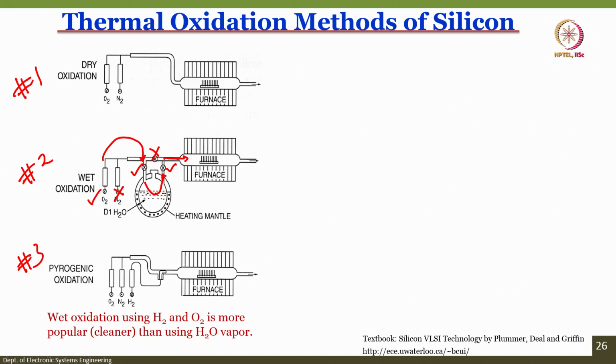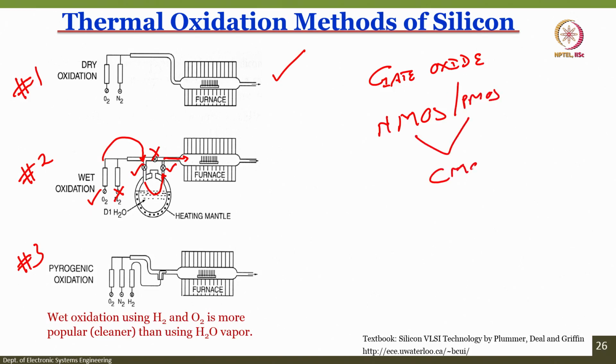the best quality amongst all these three thermal oxidation techniques is the dry oxidation. That is why it is used for the gate oxide, right. For people who do not know what the gate oxide is, we are talking about the metal oxide semiconductor, whether it is NMOS or PMOS, or the combination of NMOS and PMOS which is CMOS, right.